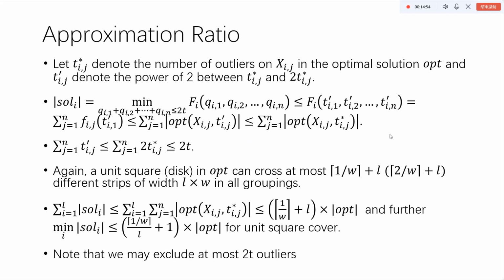And again, a unit square or disk in OPT can cross at most such a number of white strips in all groupings. So we have this one, and further this one for unit square cover.